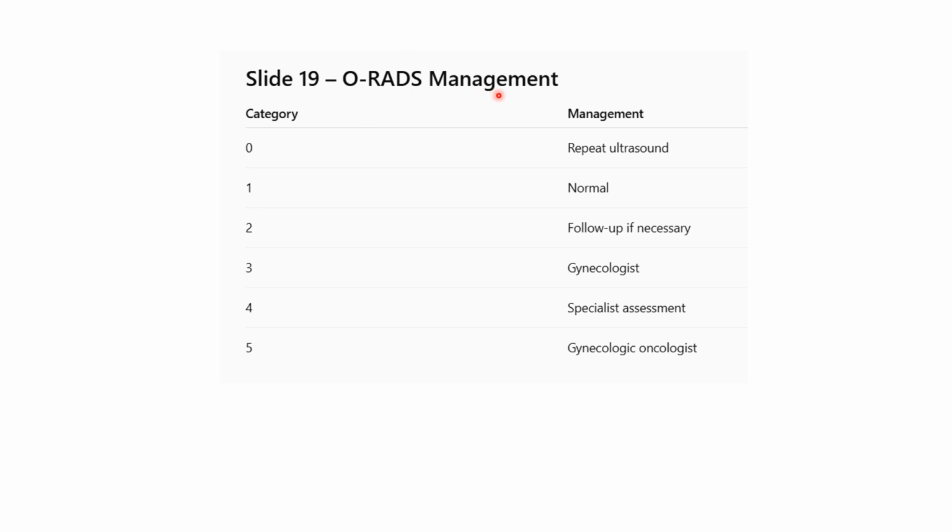So, O-RADS category management. Category 0, repeat ultrasound. Category 1 is a normal one. 2, follow up if necessary. 3, gynecology referral. 4, specialist assessment. 5, gynecologic oncologist. So, this is how the different O-RADS classes are managed.